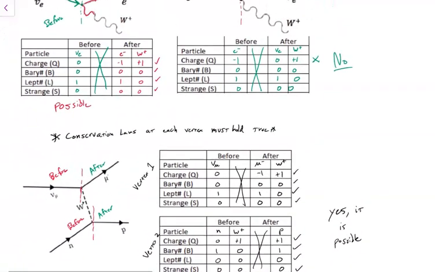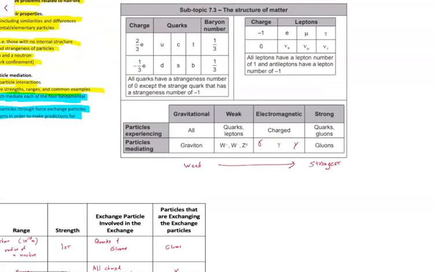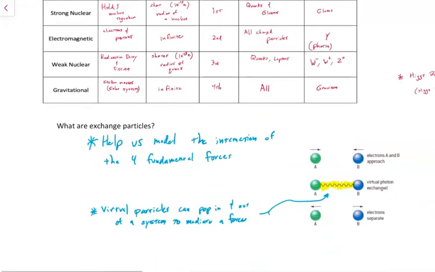All right, so we're almost done. I have one last example. We have identified the exchange particles in our standard model. We've identified which forces they relate to, which particles experience them, and what particles they actually are. We've discussed what exchange particles are, that most are virtual particles. They pop in and out of existence.